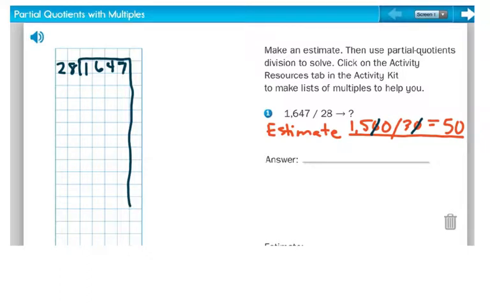So the first thing I say is, can it go in there 100 times? Well, 100 times 28 would be 2,800. So that's too much, but it's not that much more. So I probably don't want to go by tens. If I go by 20s, I can double numbers in my head pretty easily.